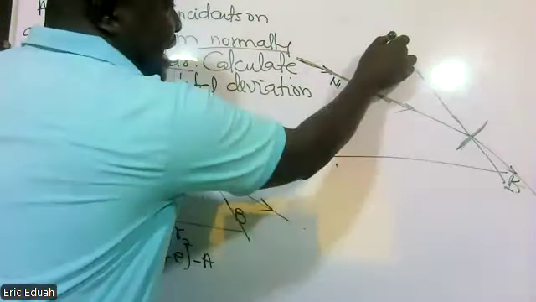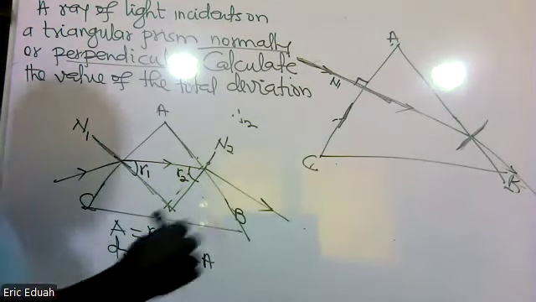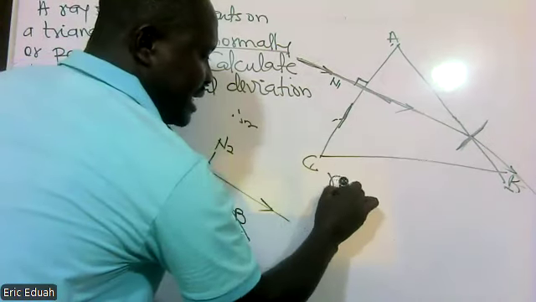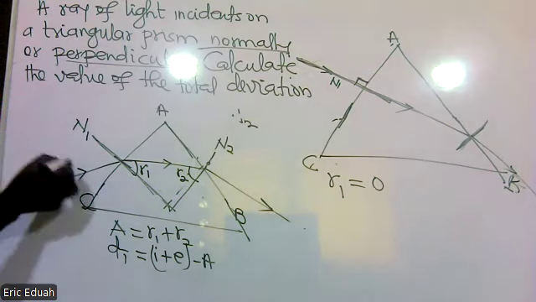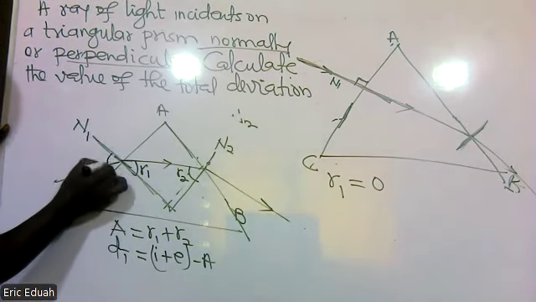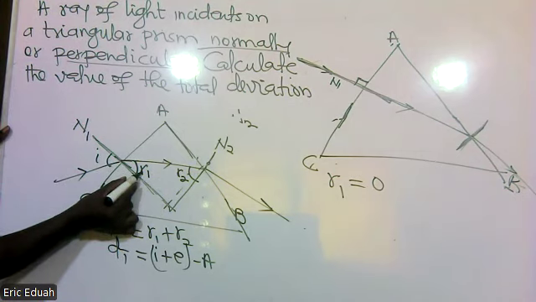Because at AC the light is not bending, it means that R1 is equal to 0. Because if it is bending, look at it, incident angle of refraction, you have R1.